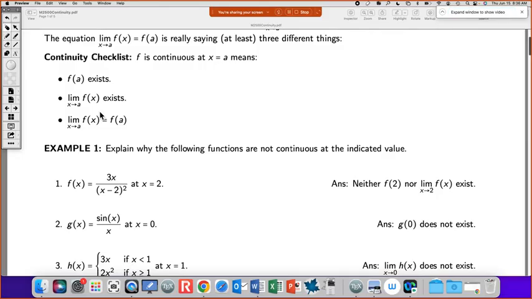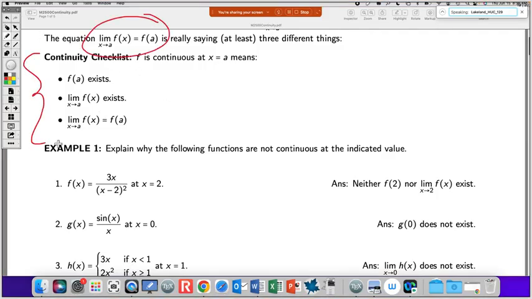All right. Now, when they teach this in like AP calculus, they come up with this continuity checklist. This one equation is saying at least 3 different things. In order for this equation to be true, first off, the function has to be defined there. Secondly, the limit exists. Now, in order for the limit to exist, what has to be true?